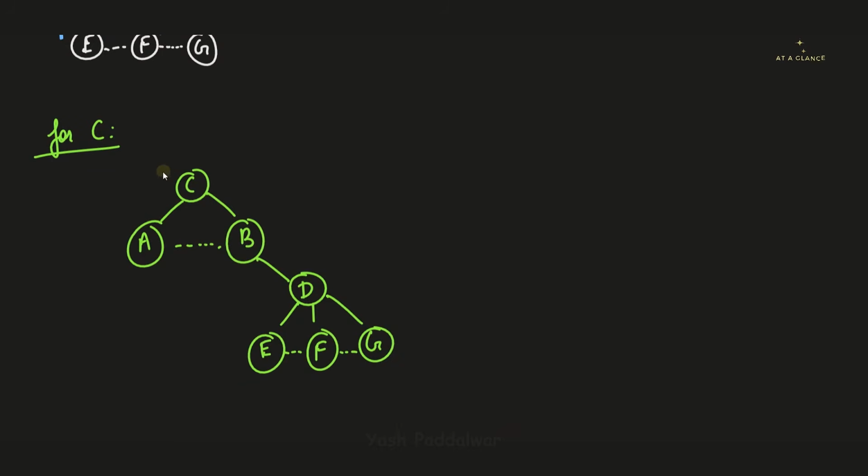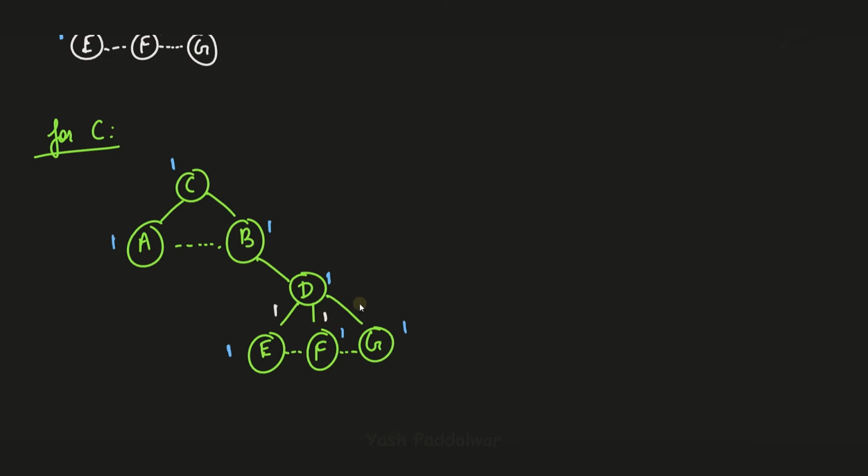Now let's find out the node weights. The shortest path from C to C is 1. The shortest path from C to A is 1. The shortest path from C to D is 1. Similarly for D it is 1. For E, for F and for G it is 1. Now let's calculate the betweenness centrality of all the edges, starting from the leaf node edges. Over here for DE, since E is a leaf node, 1 divided by 1 will do and it is 1.